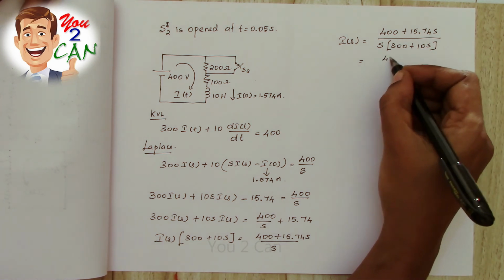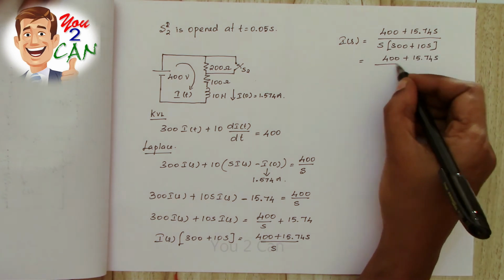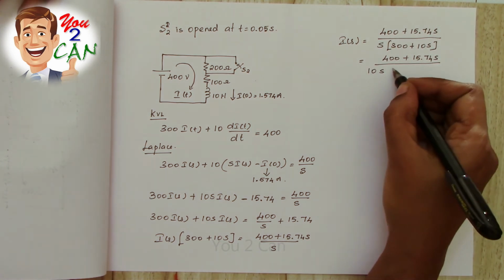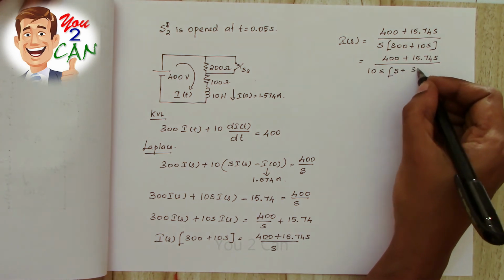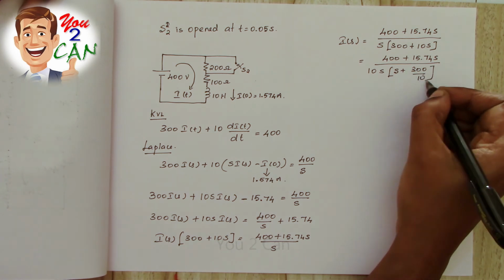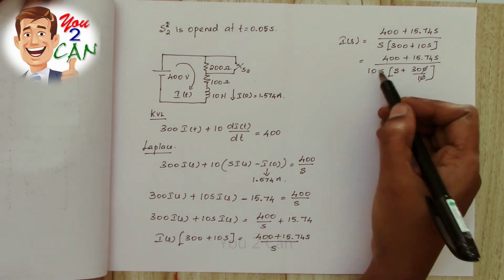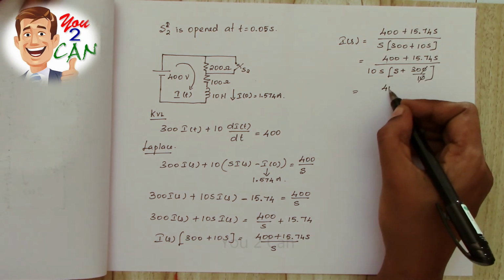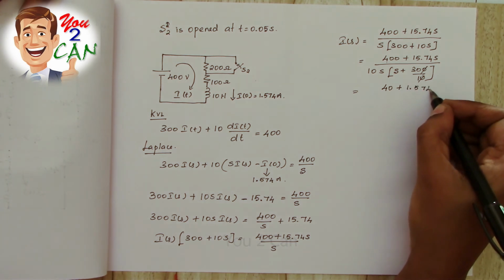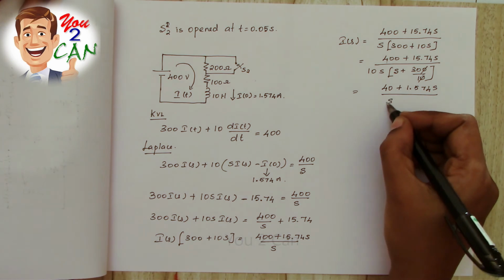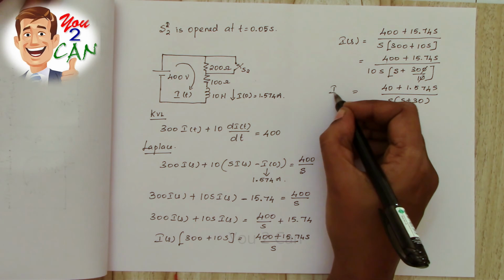Taking the 10 outside, it will become s plus 300 by 10, that is 30, and 400 plus 15.74s divided by 10 means it will become 40 plus 1.574s, divided by s into s plus 30. That is I of s.